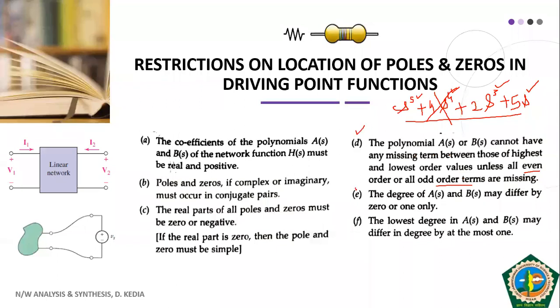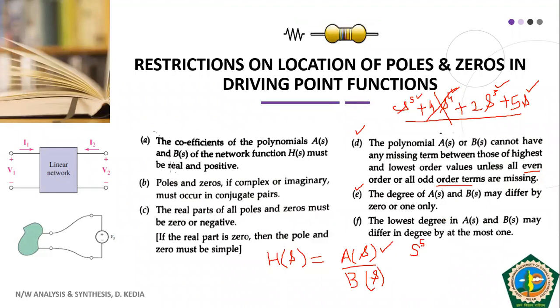Then fifth condition is that the degree of A(s) and B(s) may differ by 0 or 1 only. I told you what will be H(s). H(s) is the ratio of A(s) to B(s). So numerator is also a polynomial in s and denominator is also a polynomial in s. So what does it say? That the degree of A(s), say the degree of A(s) is 5. How do we determine degree?